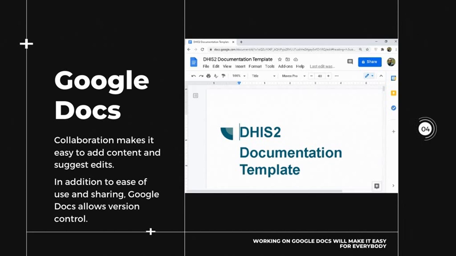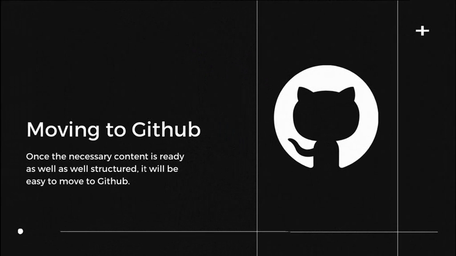Additionally, Google Docs allows version control. If we decide to update the document and then decide that an older version is better, we can always go back. So I think as a start, when we put the content, the organization and structure in Google Docs, we are going to be able to move to GitHub.